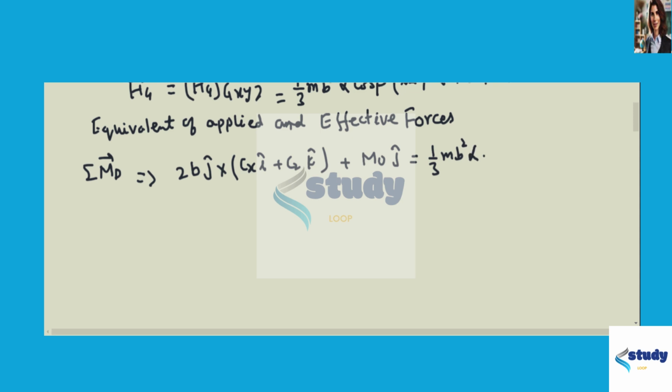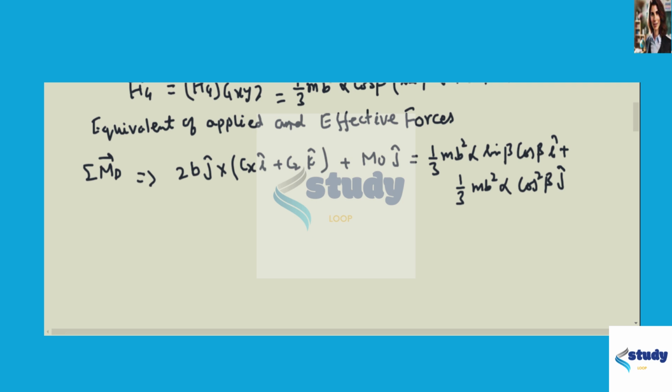alpha sin of beta cos of beta i cap, from equation 2, 1 by 3 mb square alpha cos square beta j cap.